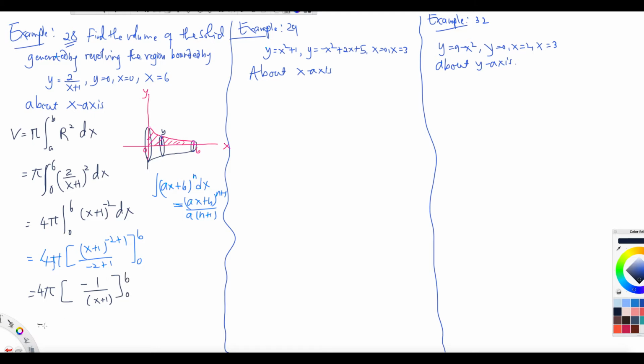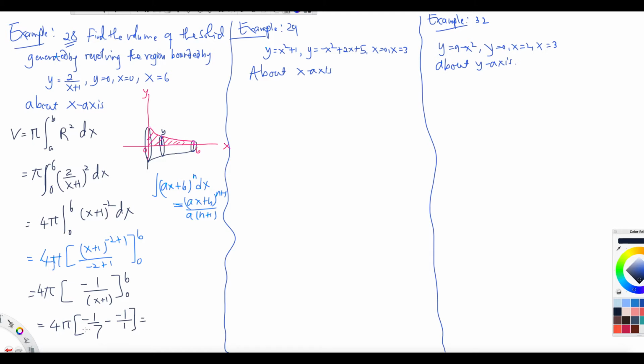Now I'm going to plug in 6, and then plug in 0 here. What do you get? 4 pi, let us plug in 6. Negative 1 over 7, and then minus, let's plug in 0, so negative 1 over 1. You see that?